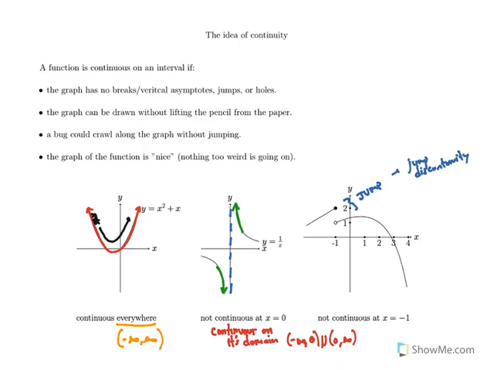And this example is not continuous on its domain either, because -1 is in the domain. So this is something different as well. This is just a discontinuous function. And that's also what we're going to think about. We're going to say that discontinuous or discontinuity is the same as not continuous.